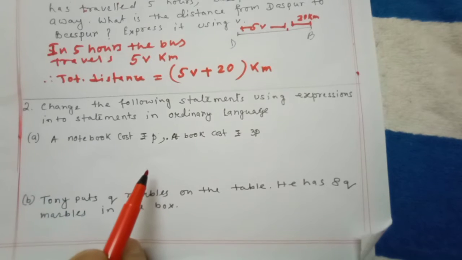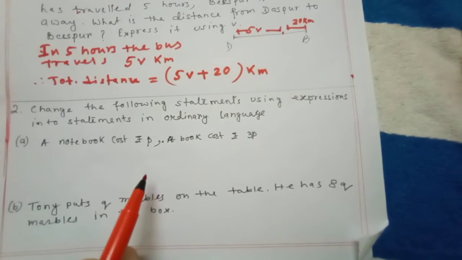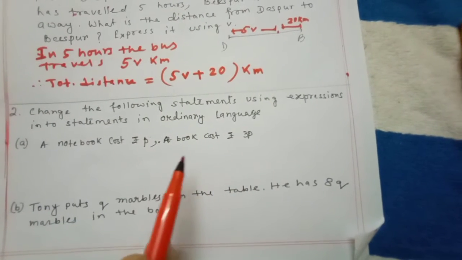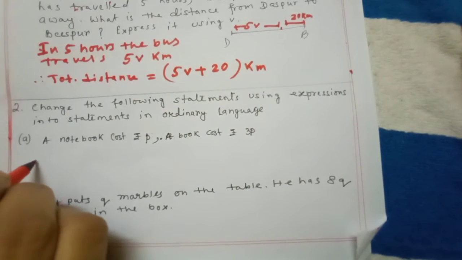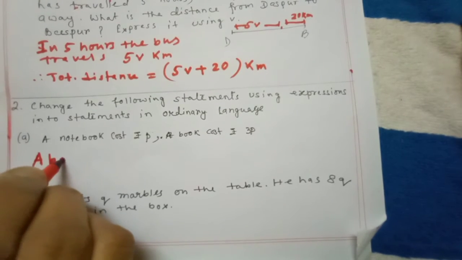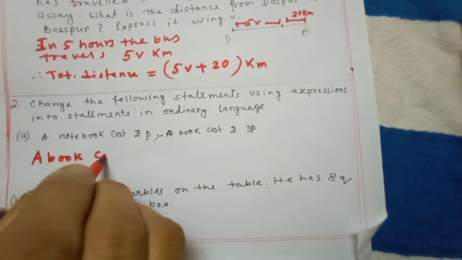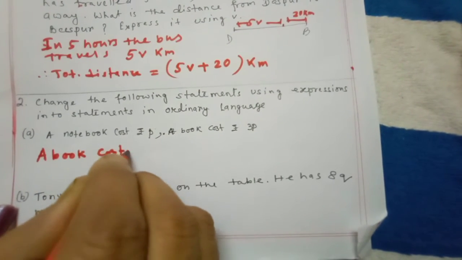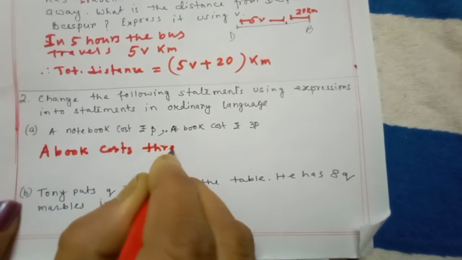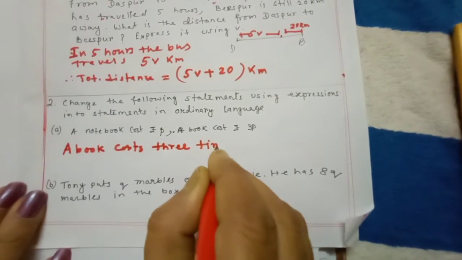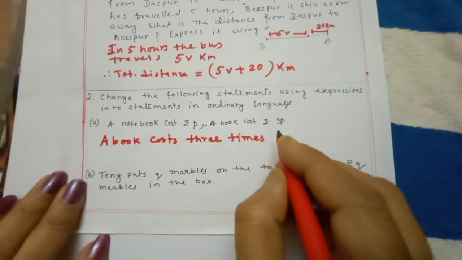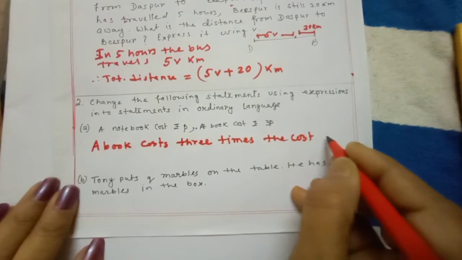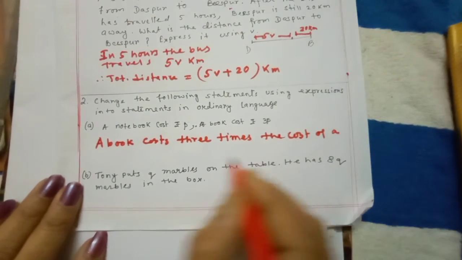You can write: a book costs 3 times the cost of a notebook.